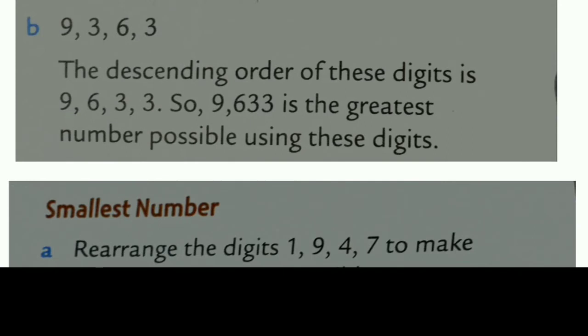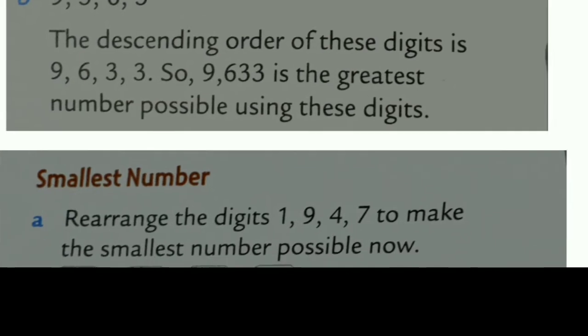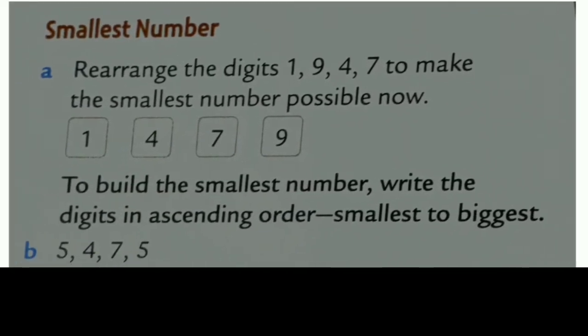See, one more example is given here. The same thing we will do in this example. Smallest number. Same digits we will use: 1, 9, 4, 7. We have to make the smallest number possible now.